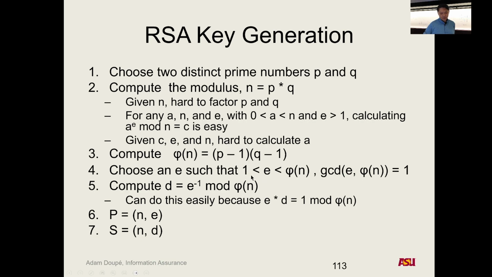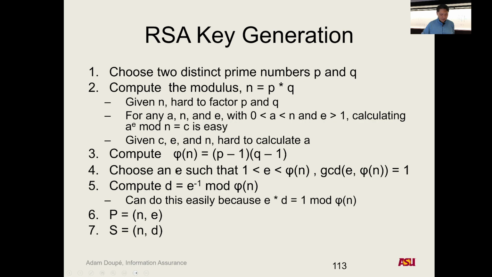It can be chosen from 1 to less than phi(n), such that the greatest common divisor, GCD, equals 1. To meet these equations, how can we get E?